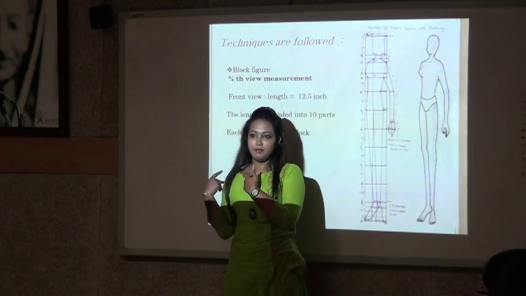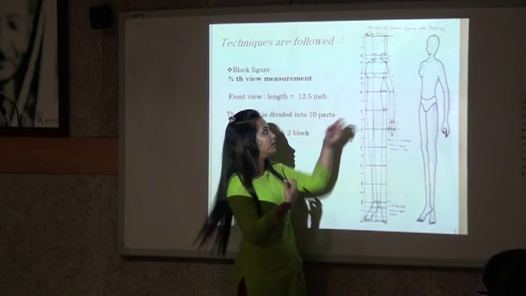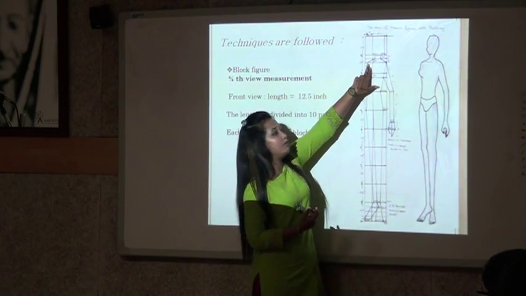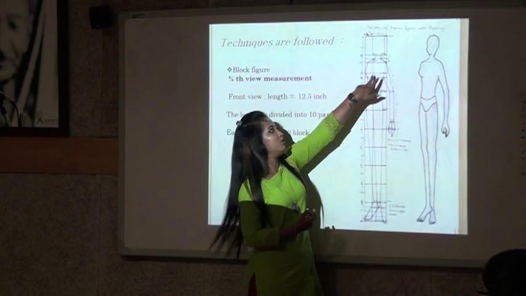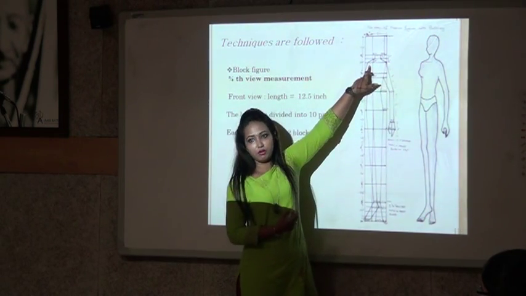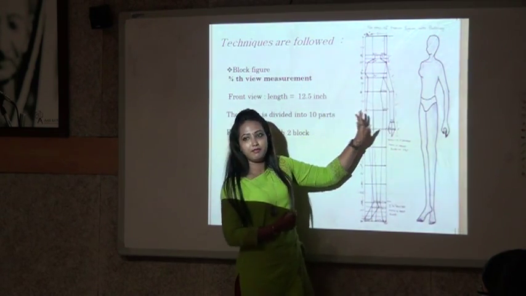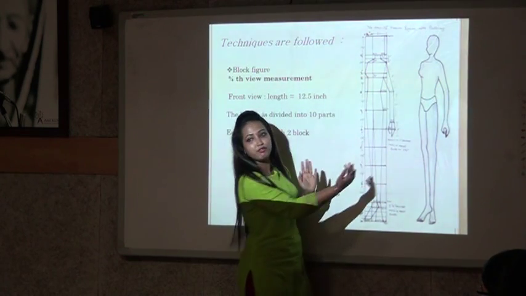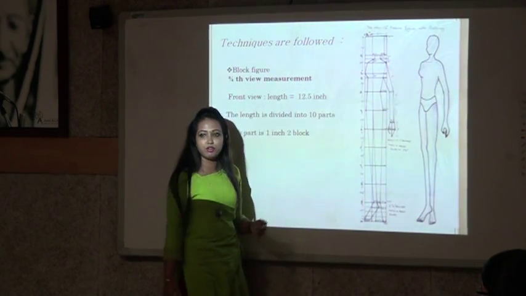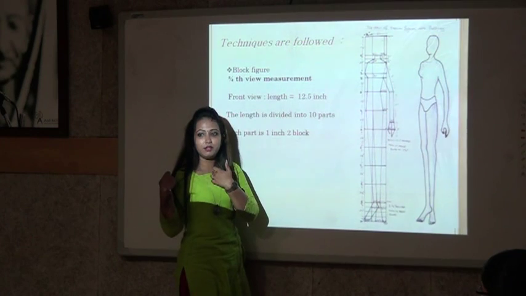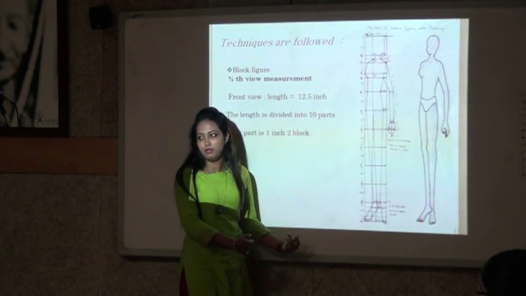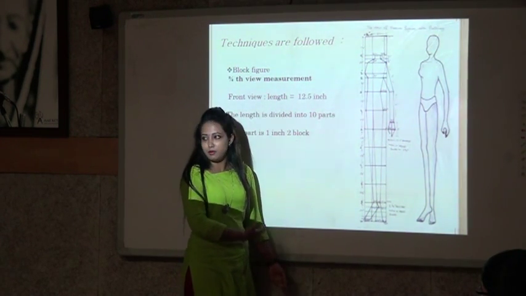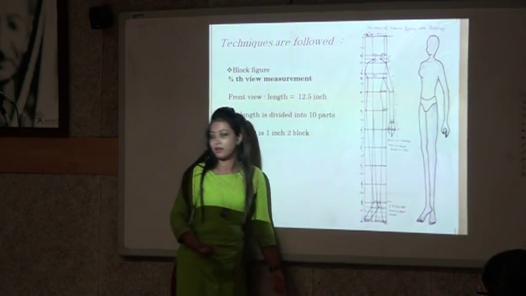If it's 7 block, it will be 7 block. But here it will be 6 block and it will be 1 block. So there is a little bit of difference with this 3/4 view. This is the 3/4 view. You can see the white part on my right side, and on the left you can see the lace part of my body.